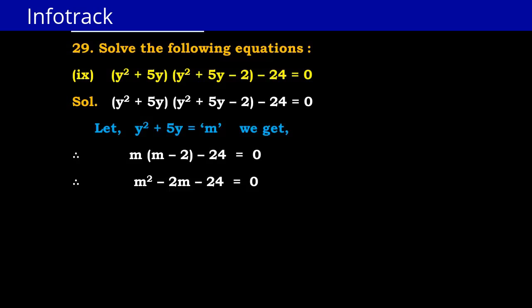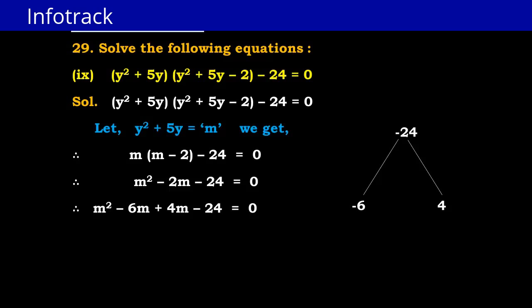Now see, minus 24 you have to factorize so that you will get subtraction as minus 2. Now see, minus 24 we can factorize as 6 into 4 is 24, minus 6 plus 4. So we can split the middle term: m square minus 6m plus 4m minus 24 is equal to 0.